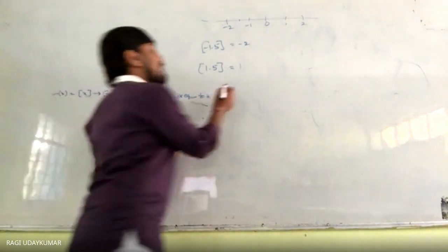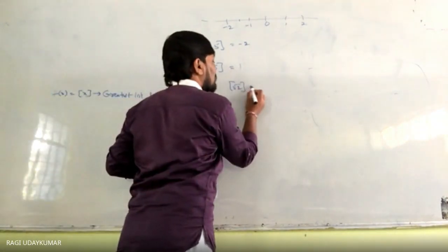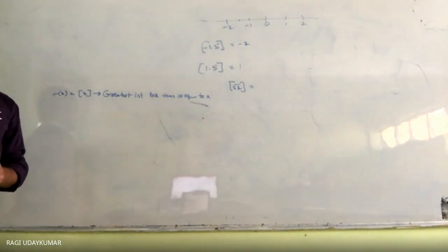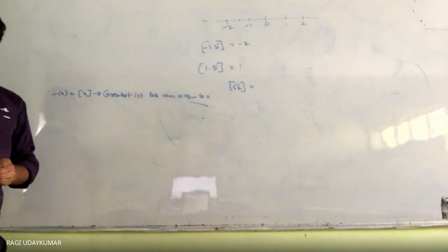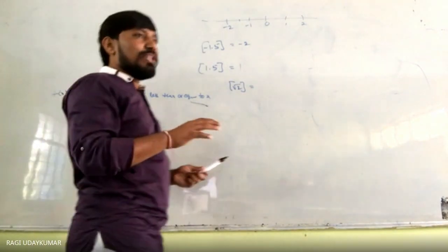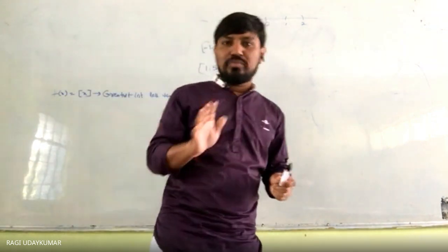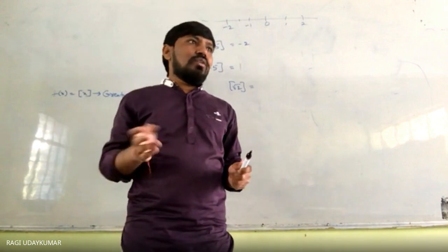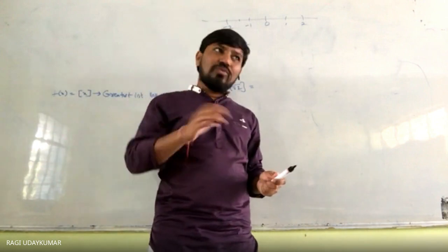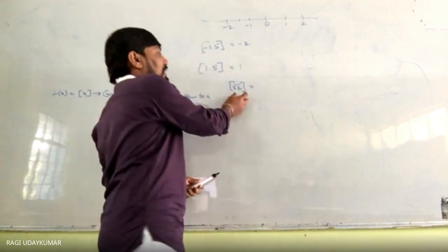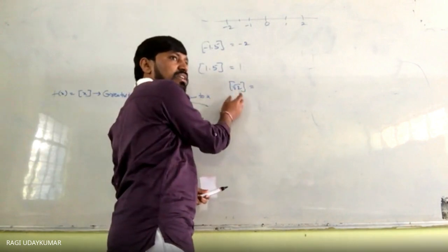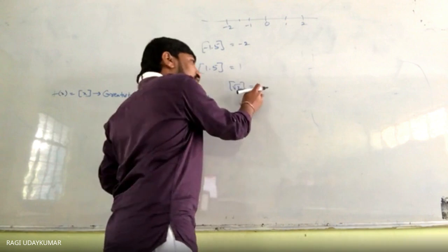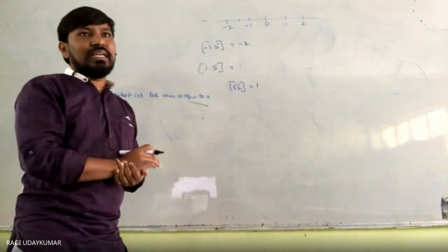Suppose I ask you the value of root 2. The approximate value of root 2 is 1.414 and so on, root 3 is 1.732. So the greatest integer of root 2 is equal to 1. So you are going to get an integer only every time.